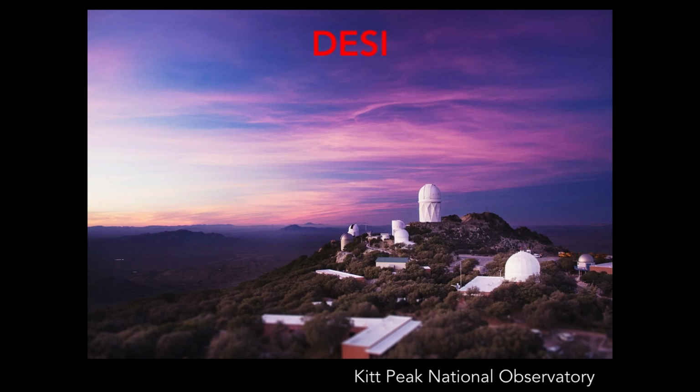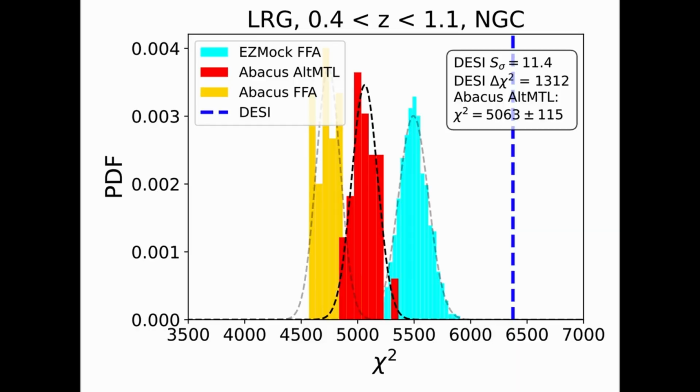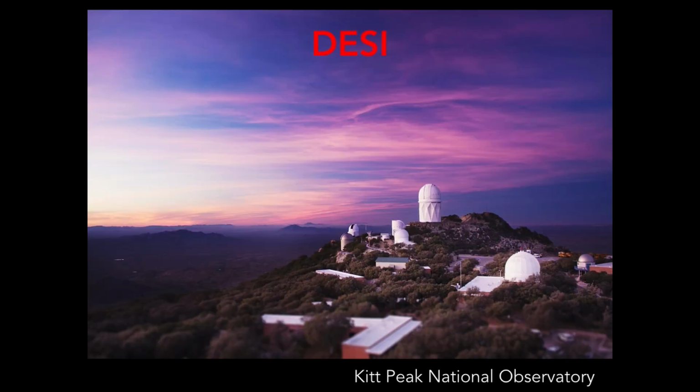It is at a commanding site, up above the ground to improve the wind baffling, at the top of this mountain in the Tohono O'odham Nation. In contrast to BOSS, DESI is robotic, so it's much more efficient. In fact, it's 90 times more efficient at getting spectra than BOSS and can get spectra of up to 150,000 objects per night.